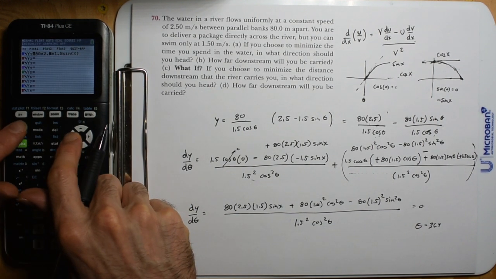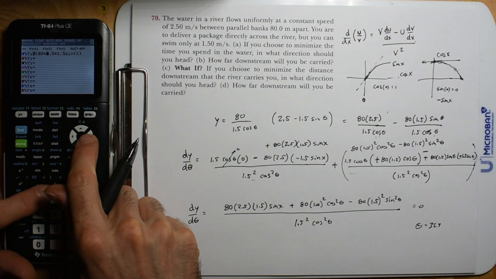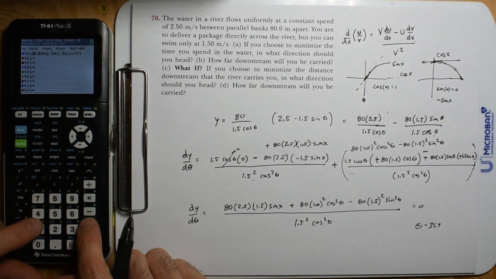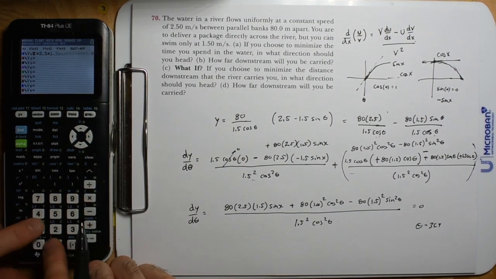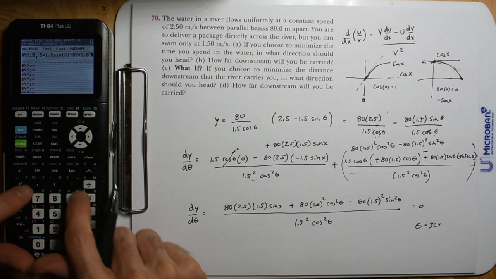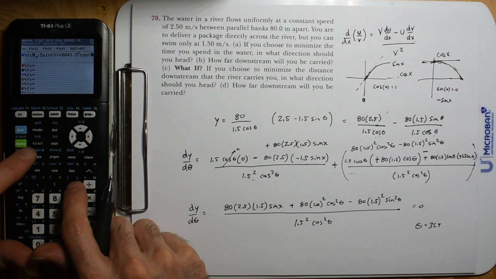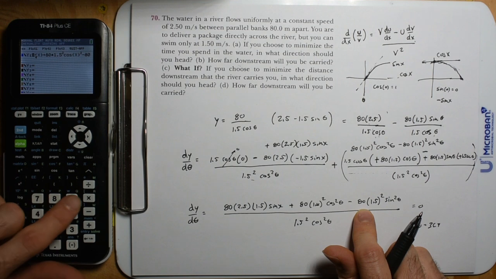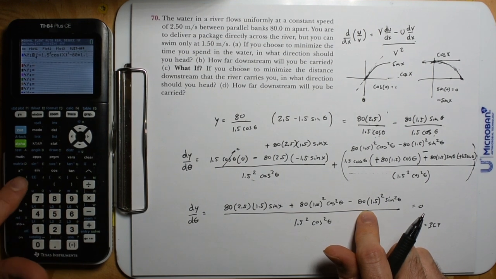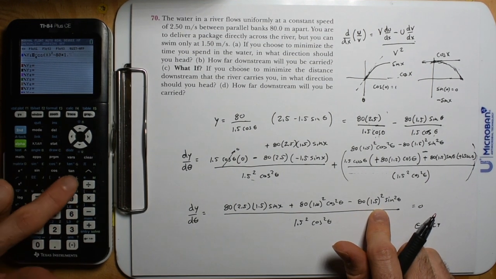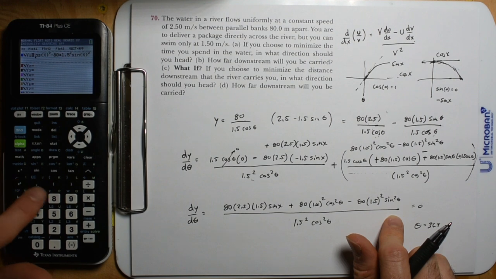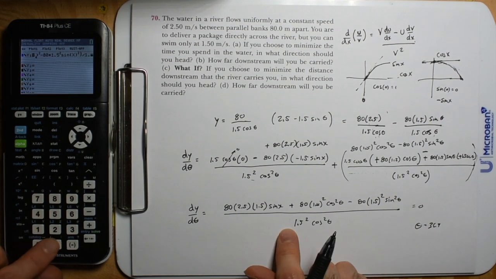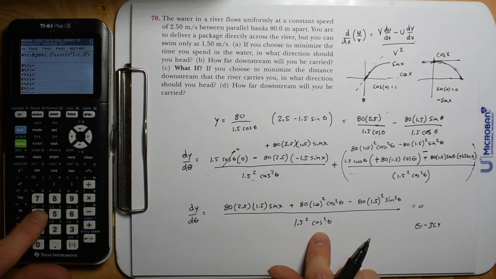I guess I have to have a parenthesis right at the beginning. Now we're going to go plus 80 times 1.5 squared cosine x squared minus 80 times 1.5 squared sine x squared. Okay, parenthesis divided by 1.5 squared times cosine x squared.